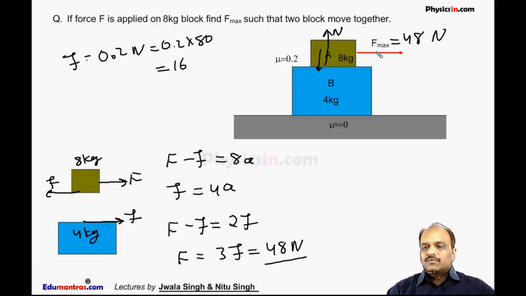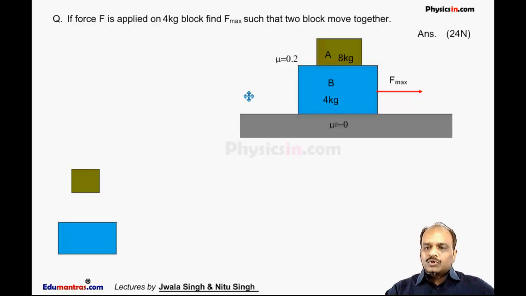But if I apply this force on block B, then what will happen? In the same question, if I apply the force on block B, then I have to calculate the maximum force on block B which we can apply such that blocks A and B move together.